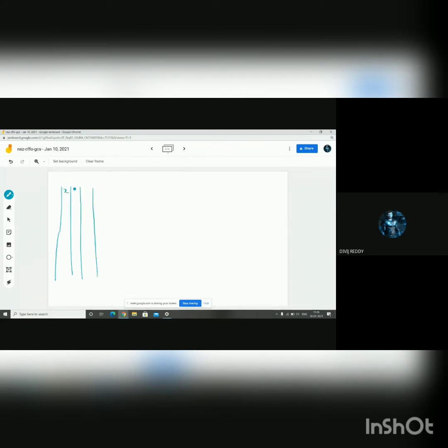X, y, z. Let us see minterms. This is nothing but product terms.